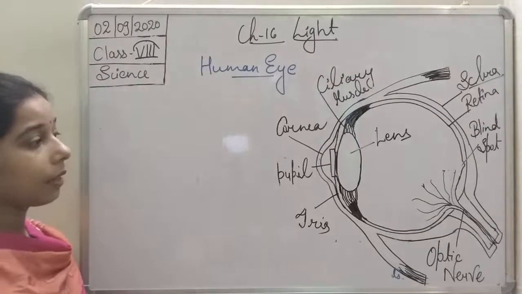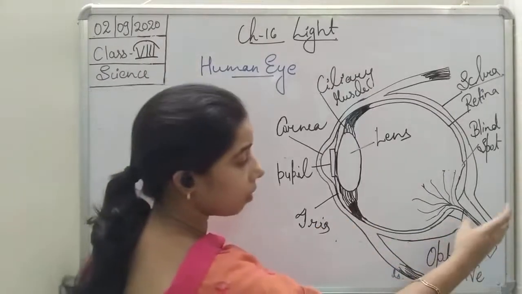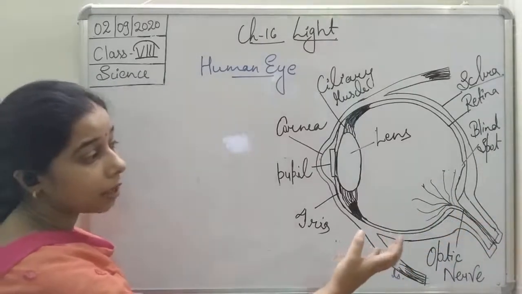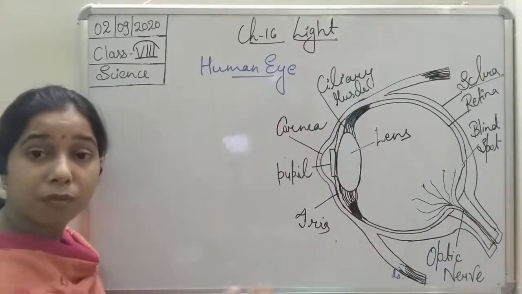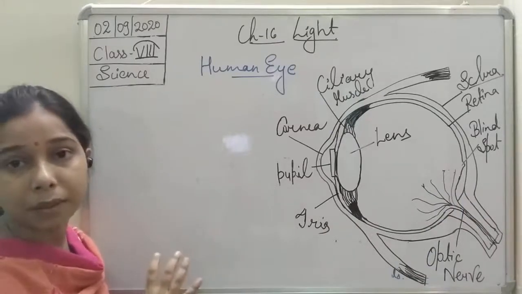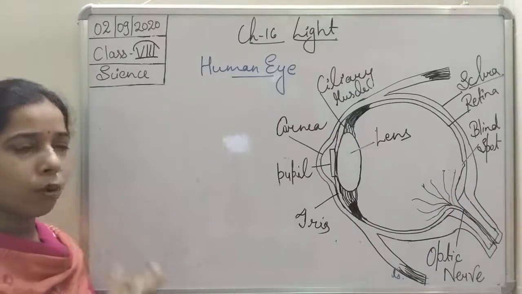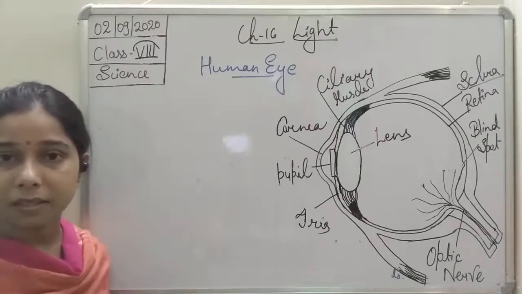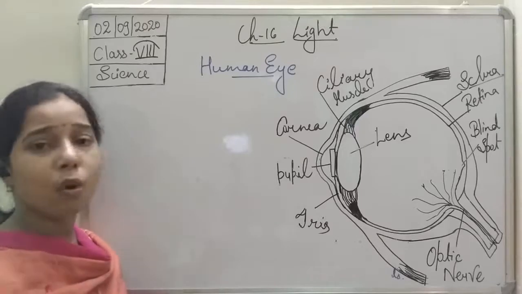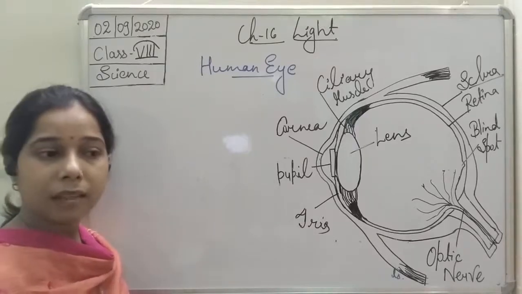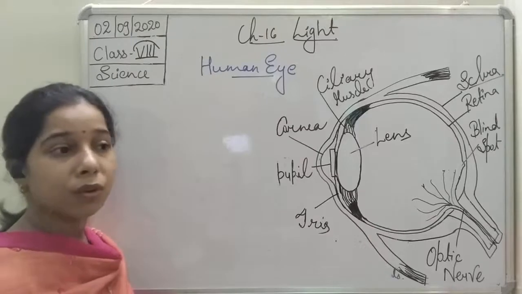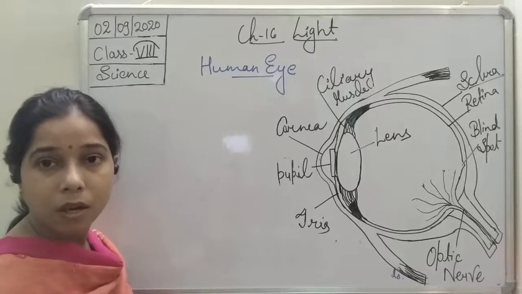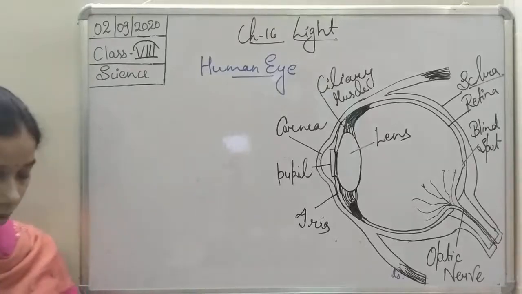Blind spot is the place at the bottom of the retina from where the optic nerve starts. Now what is the basic role of this blind spot? Actually, this blind spot is very insensitive. It is the origin of the optic nerve, and that is why it is very insensitive. It does not consist of rod and cone cells, so it is insensitive to light.